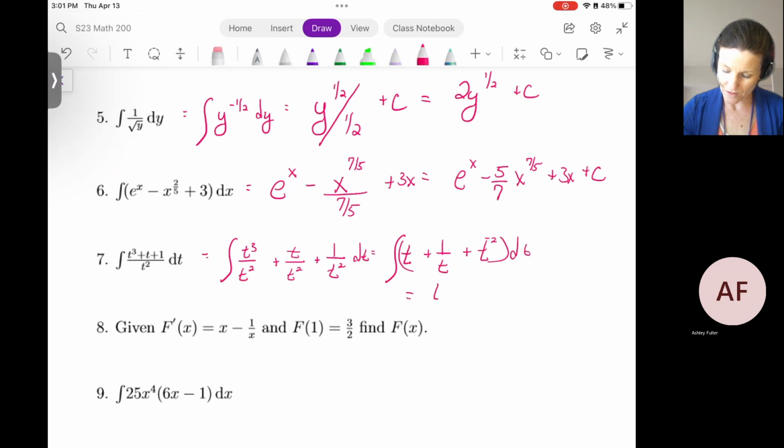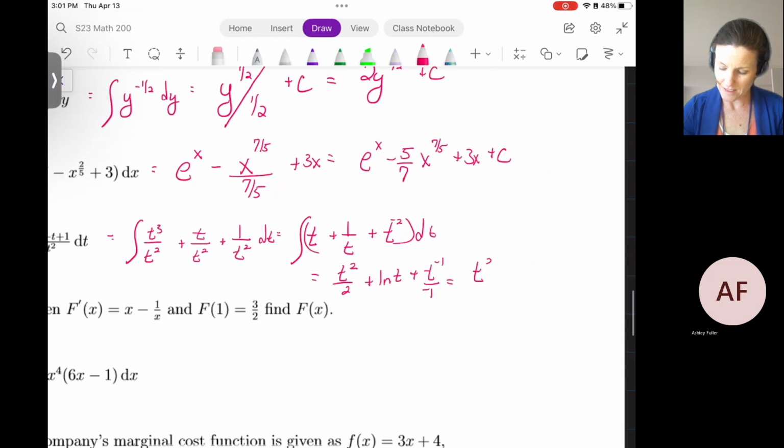And then integrating each of those, we get t squared over 2 plus the ln of t, and then we're going to get plus t to the negative 1 over negative 1. We can simplify this to t squared over 2 plus the ln of t minus 1 over t plus c.